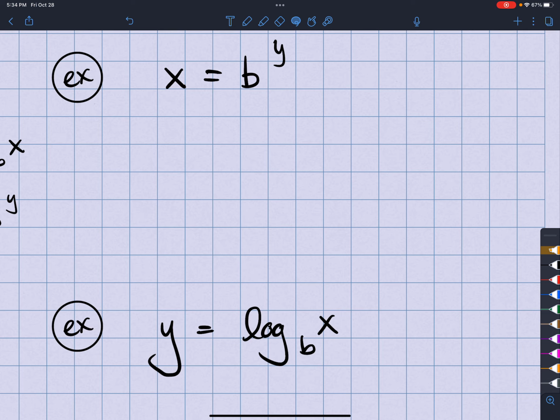So what I can do is that 1/3 is 3 to the negative 1 power, and it's going to be raised to this power here. Awesome. And that's going to equal 9, which is 3 squared, and it's going to be raised to this power, right? So again, my bases are exactly the same.